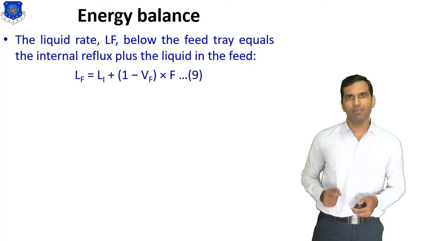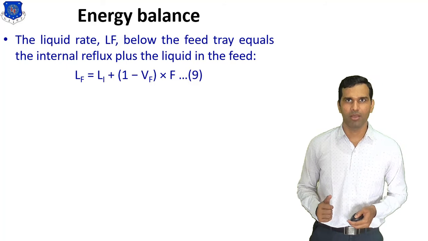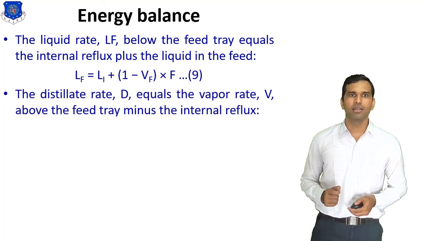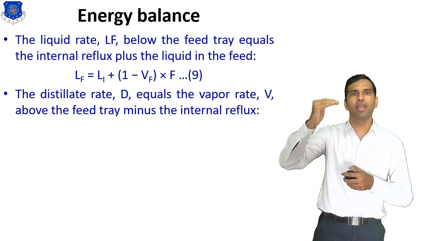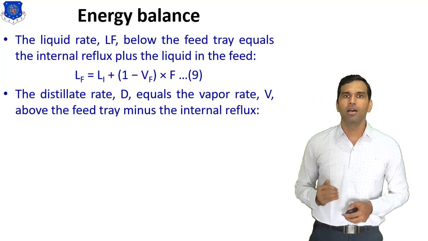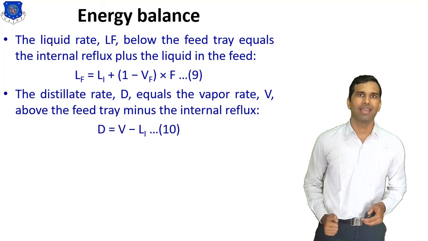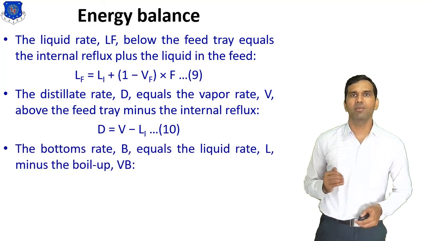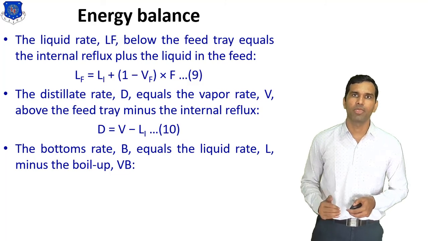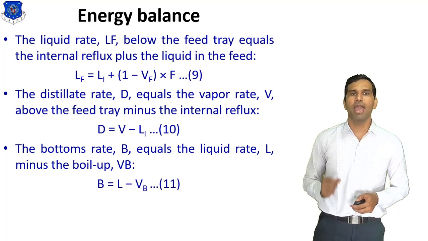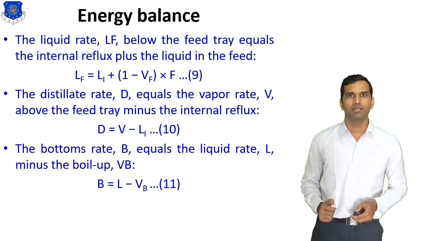So we can write LF is equal to LI plus (1 minus VF) times F. And the distillate rate D equals the vapor rate V above the feed minus the internal reflux. So we can write D is equal to V minus LI. And finally, the bottom rate B equals the liquid rate LF minus the boil-up. So we can write B is equal to LF minus VB. So this is the energy balance equation.